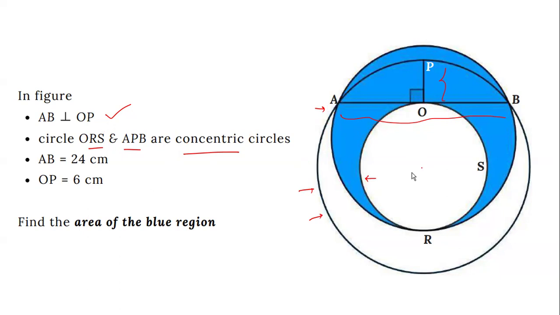That means they have the same center, like this point, and AB length is 24 centimeter and OP length is 6 centimeter. So this length is 24 centimeter and this length is 6 centimeters. We have to find the area of the blue region. So this is our problem. Let's see how we can solve this.